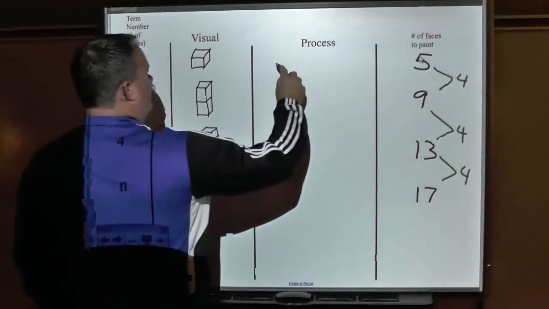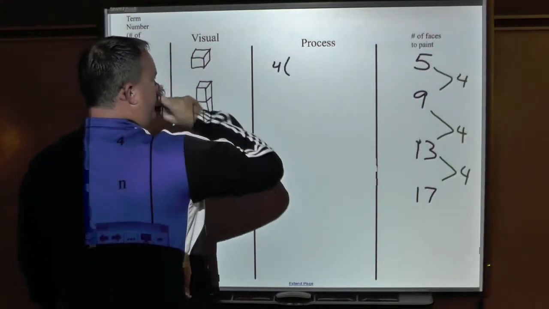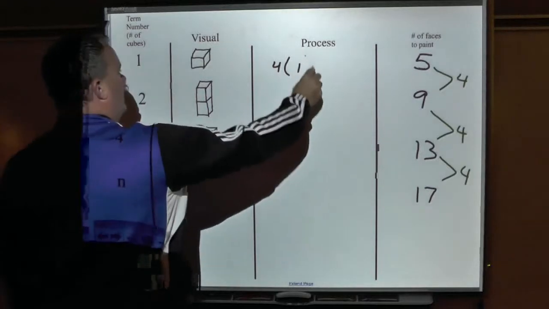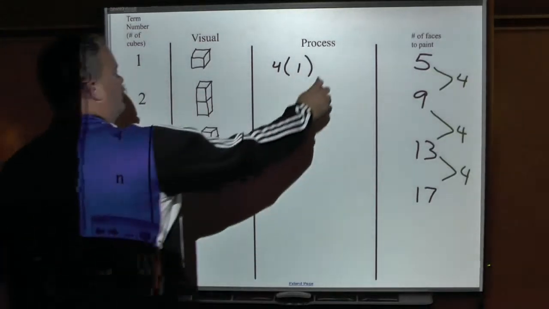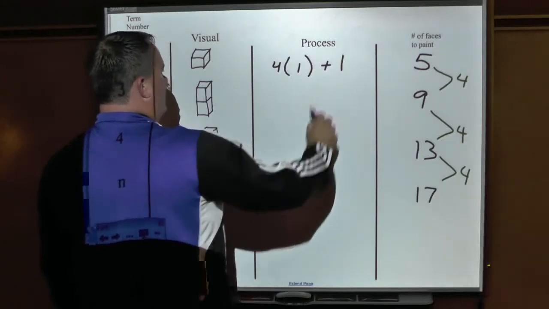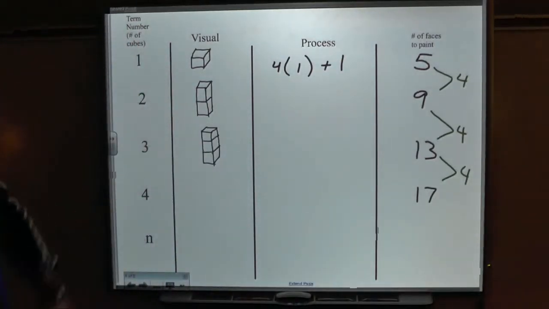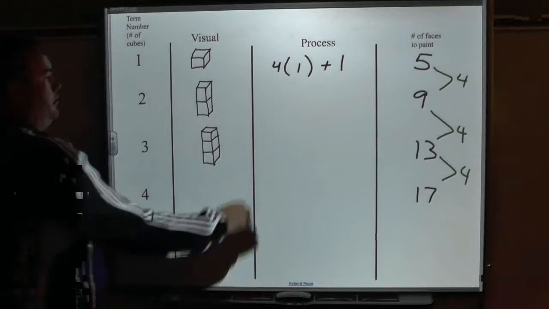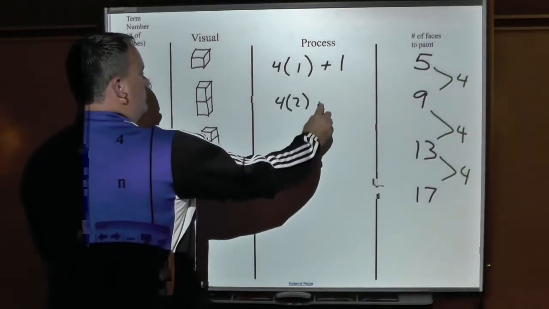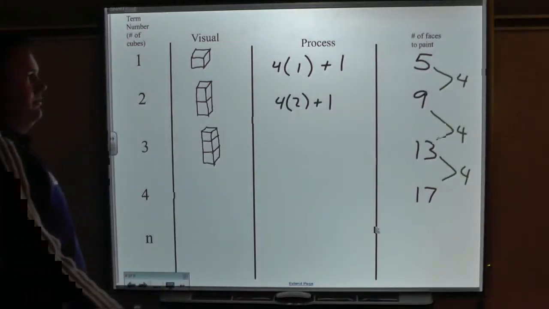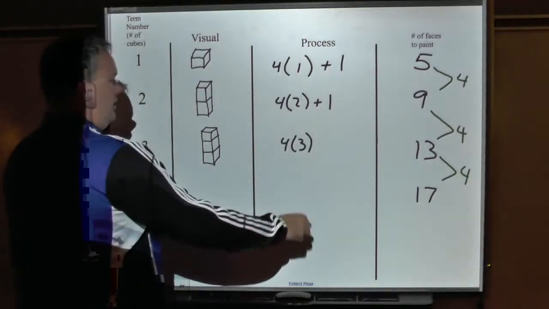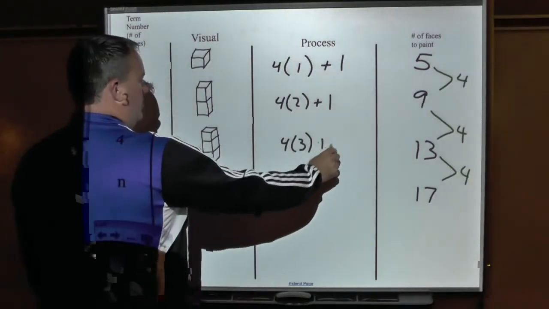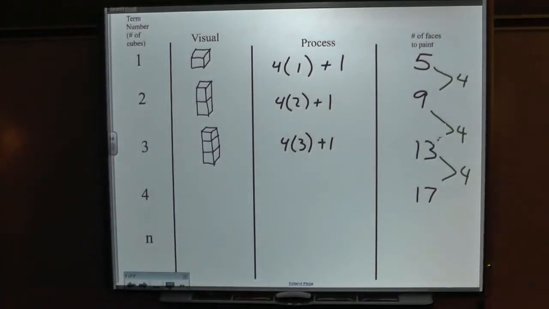So, if we find the process, the pattern, the function that we would use to do this, again, the change is going to be 4. Changing by 4. Multiplied times the number of cubes. Well, 4 times 1 is 4, plus whatever the constant is. Well, to get to 5, you got to add 1 onto it. For 2, that's 4 times 2 plus 1 gives you 9. For 3, 4 times 3, that's 12, plus your constant gives you 13.